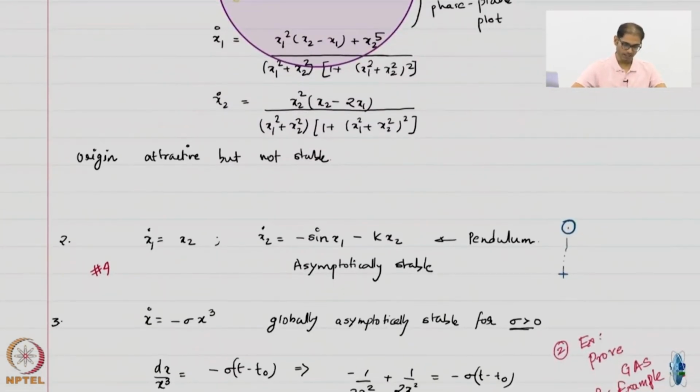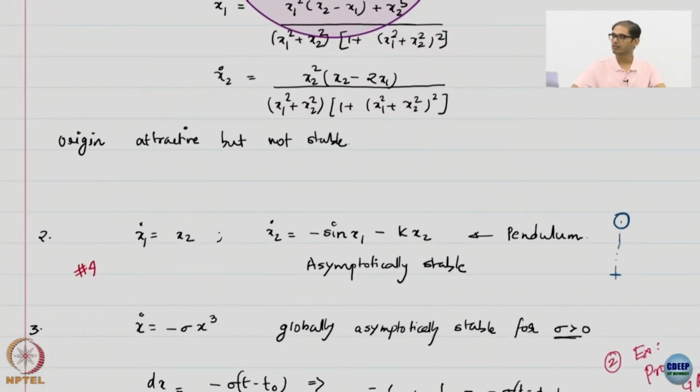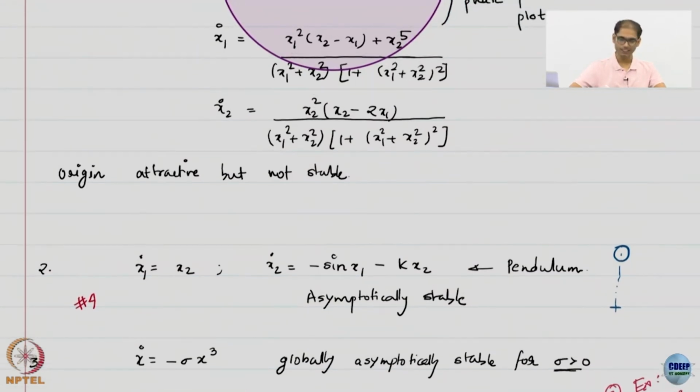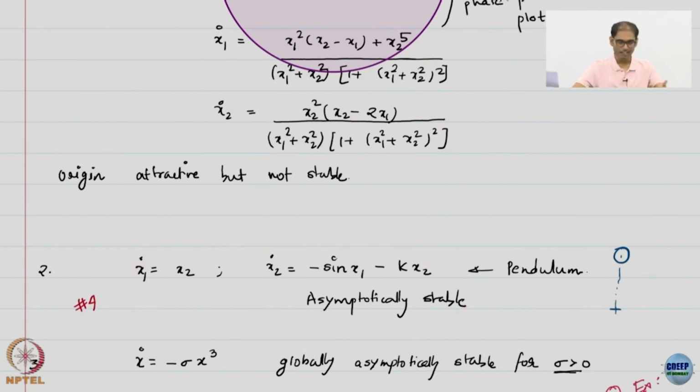Then there are these simple nice examples like this pendulum, the nonlinear pendulum, the actual pendulum, it has an equation that looks like this. I do not have to actually do anything to prove that this is asymptotically stable, not by solving it.